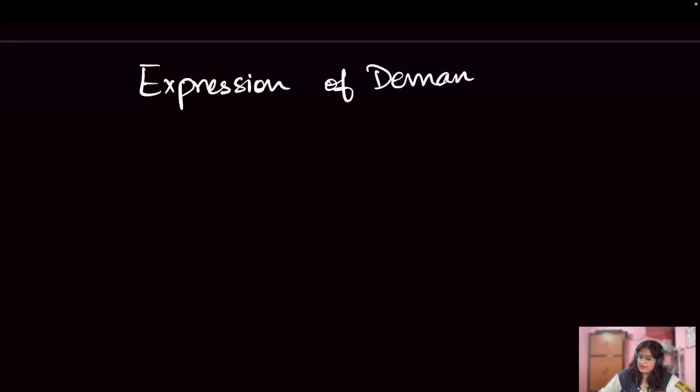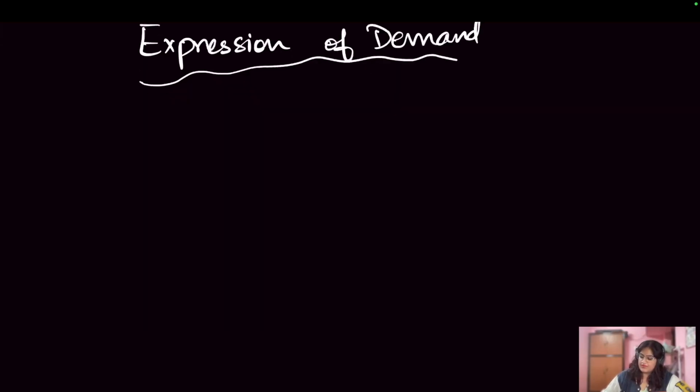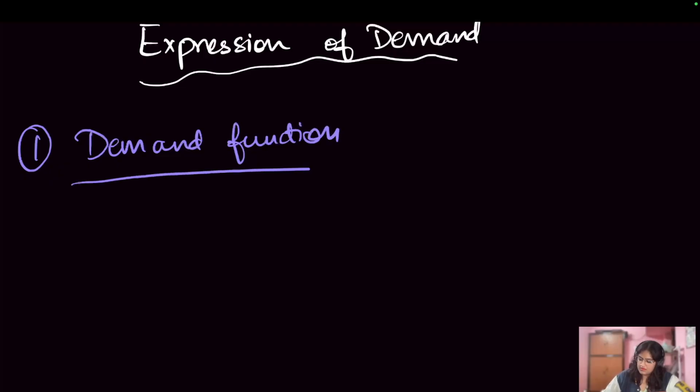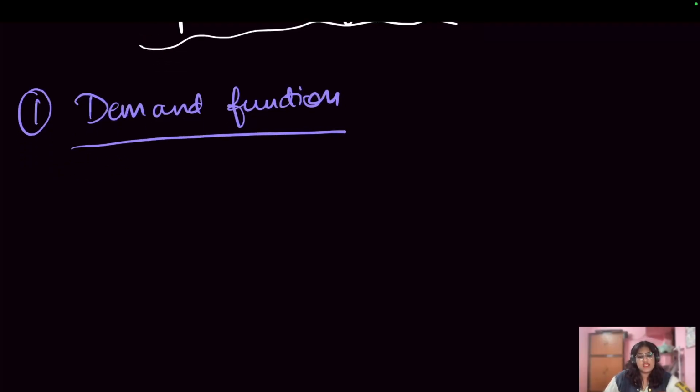Now let us understand different ways of expressing the demand. Expression of demand. The first one is the demand function. The demand function is a mathematical way to show how the quantity demanded depends on various factors, that is determinants.